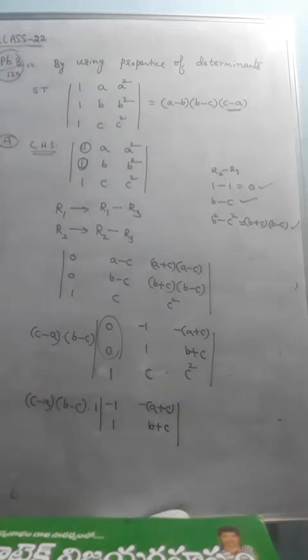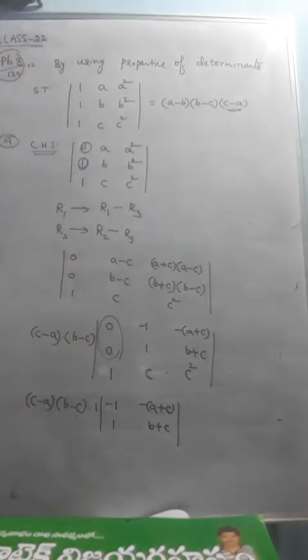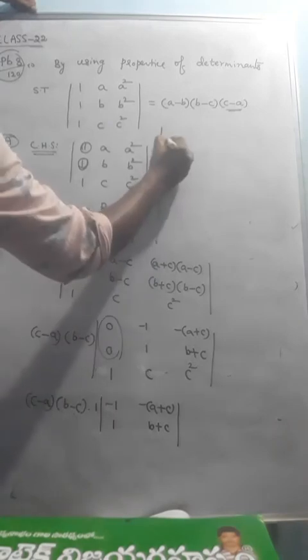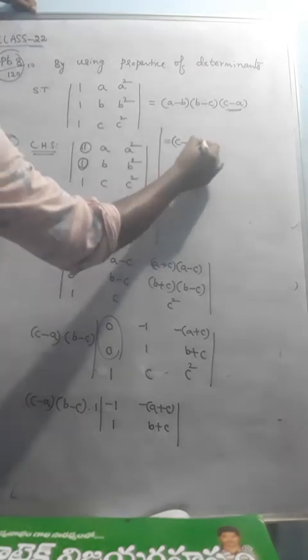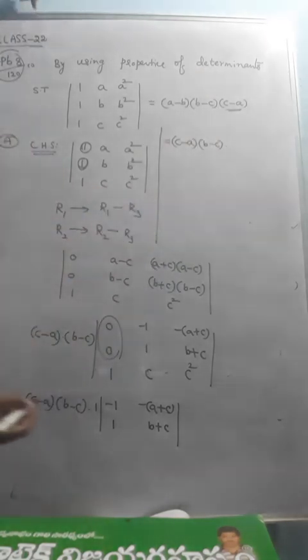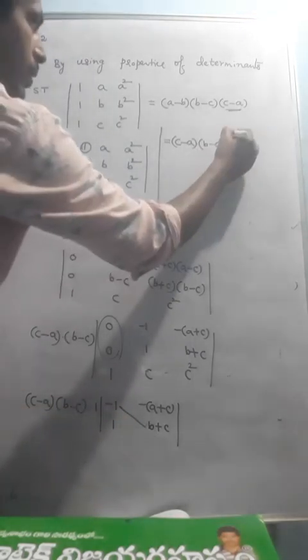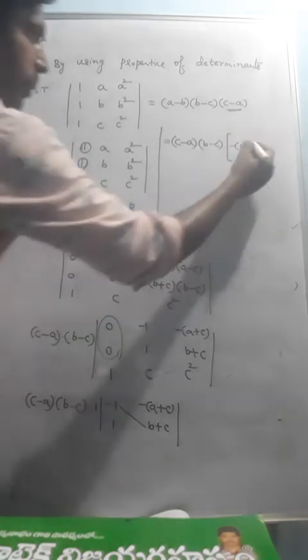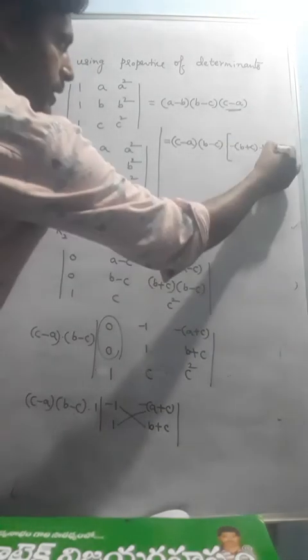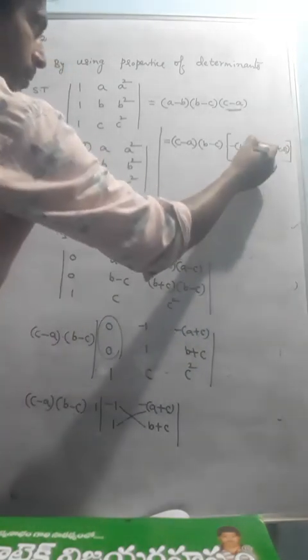So next step, that is equal to C minus A into B minus C into 1 into something, the value of which is minus 1 into B plus C. So minus 1 into B plus C means minus of B plus C, minus of minus means plus A plus C into 1, A plus C, then plus C minus C cancel.